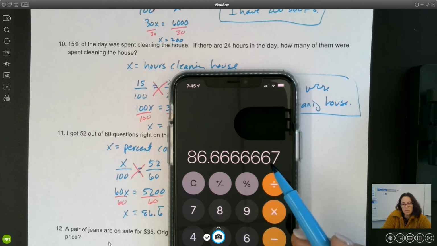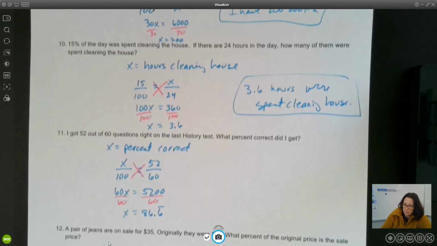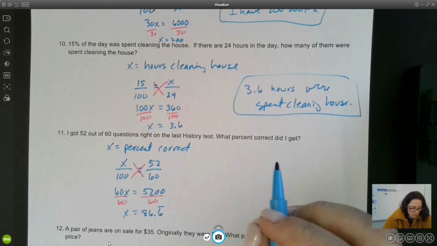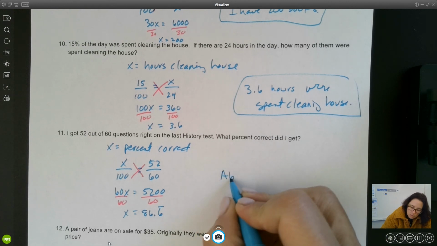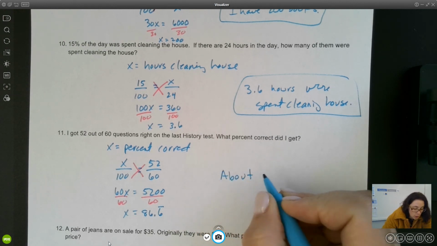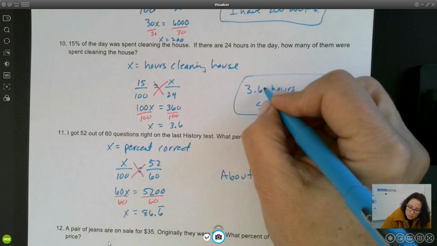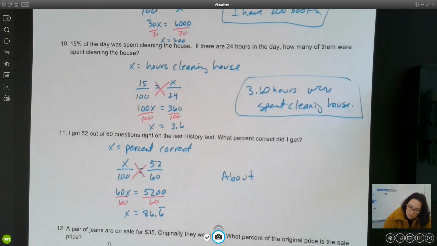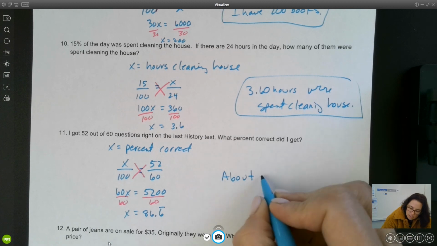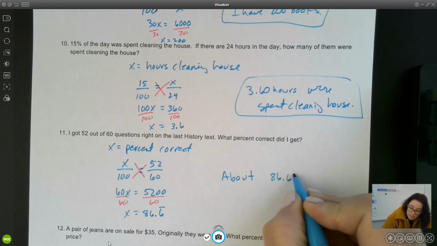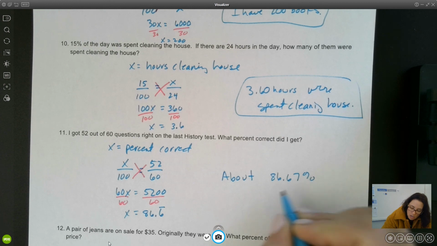So we know that it is 86.6 repeating. But it said to round to the nearest hundredth. Oh, that means I need another digit there. This would need to be 86.67 if it's to the nearest hundredth. We're correct.